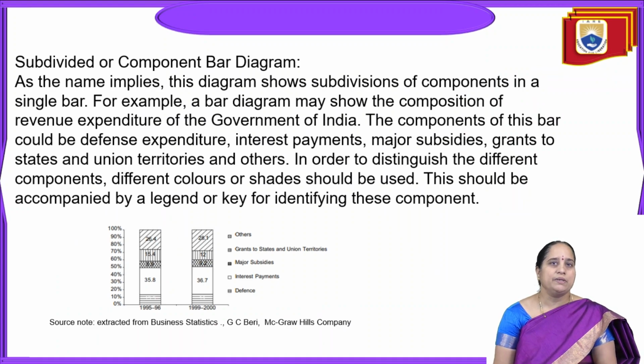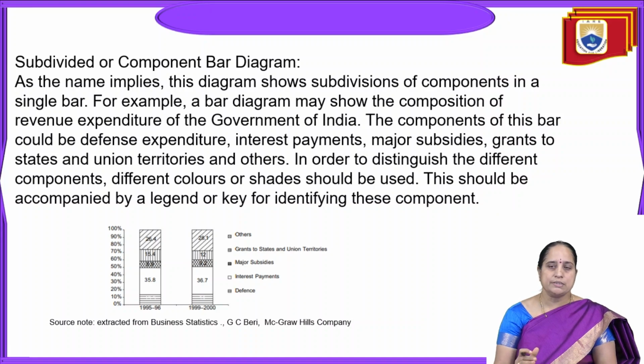The next comes subdivided or component bar diagrams. As the name itself implies, this diagram shows subdivisions of components in a single bar. For example, a bar diagram may show the composition of revenue expenditure of the Government of India. The components of this bar could be defense expenditure, interest payments, major subsidies, grants to states and union territories, and others.